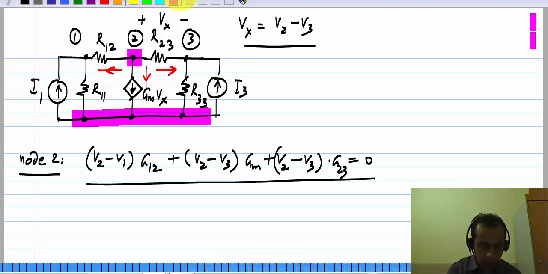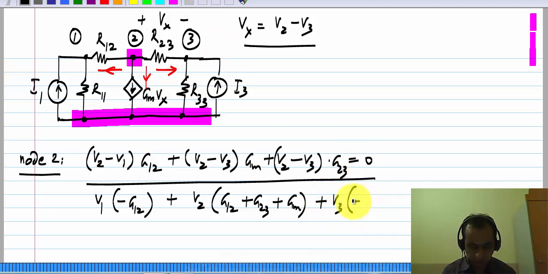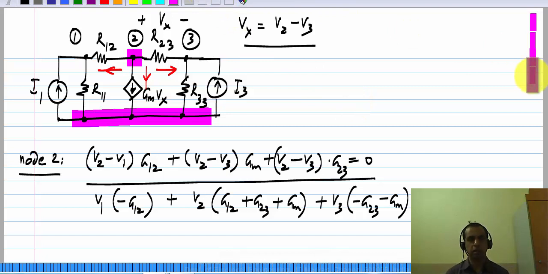If I group the coefficients of each variable together, I'll have V1 times minus G12, plus V2 times G12 plus G23 plus Gm, plus V3 times minus G23 minus Gm, equals 0. So this is what I'll have.